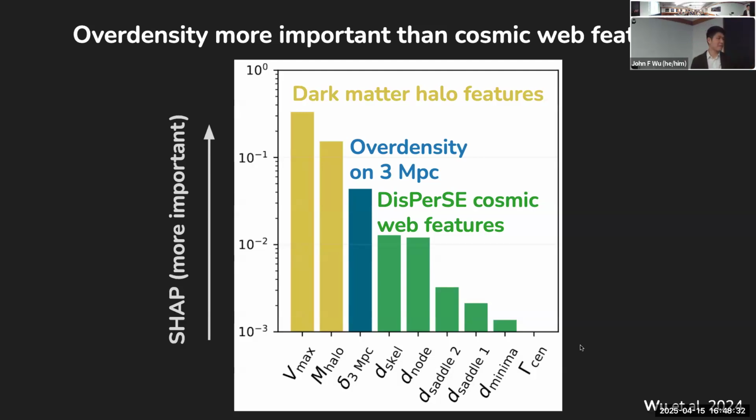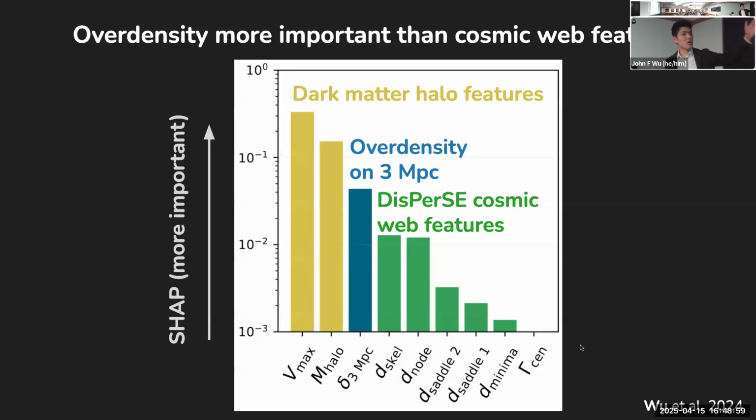And so we've got a bag of features that we're interested in. Dark matter halo features are things that you measure directly from each halo or subhalo. As I said, we can measure the overdensity on 3 megaparsec scales. And we also have all these DisPerSE cosmic web features, like distance to the skeleton, distance to a cluster, distance to saddle points, and so on.